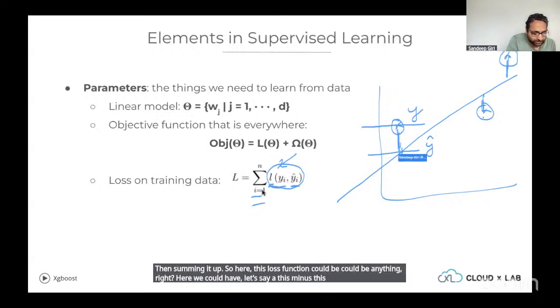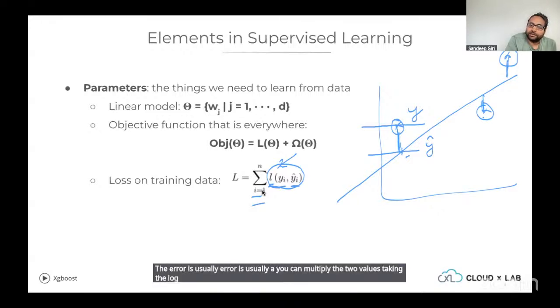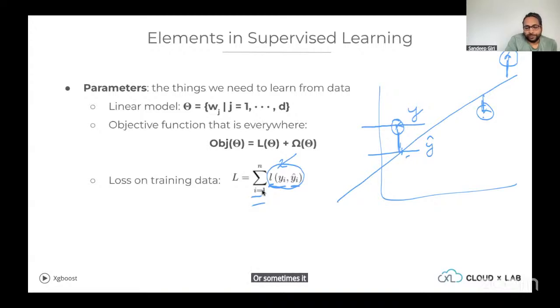That is called mean squared error, which is the error in case of regression. In case of classification, the error is usually, you multiply two values, taking the log of one and multiplying with another. That's called the classification loss, sometimes called logistic loss, or cross entropy.